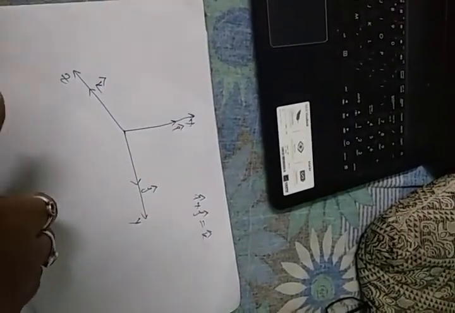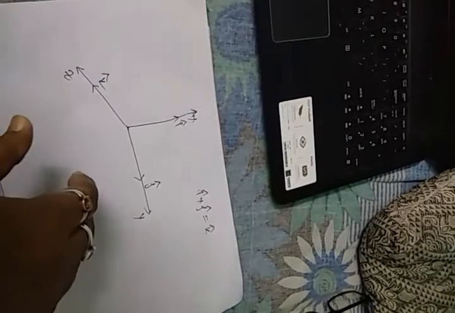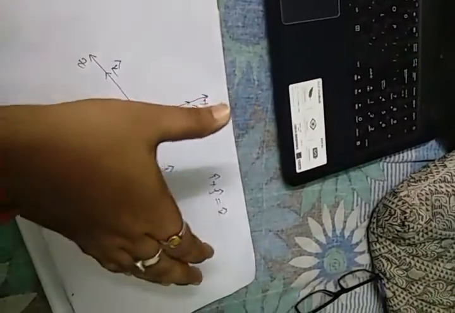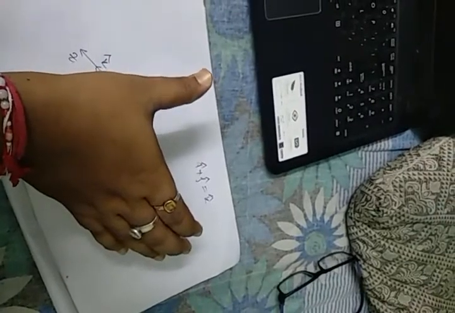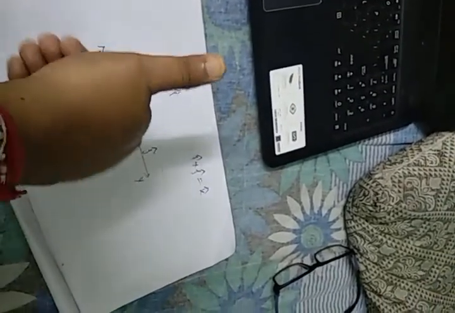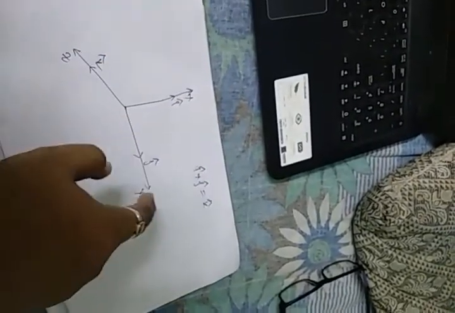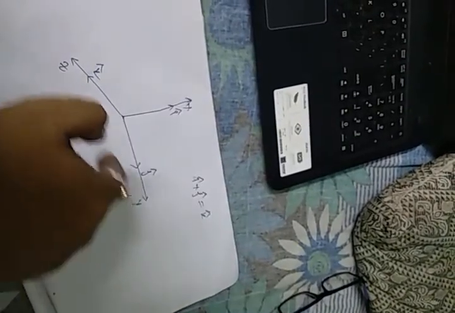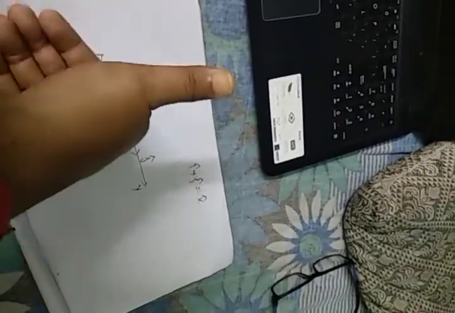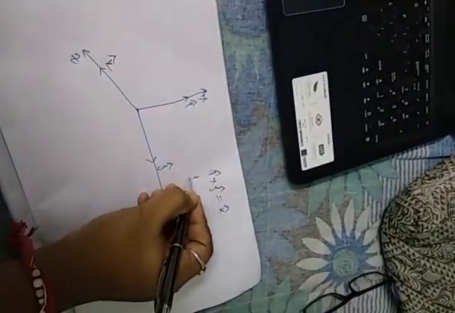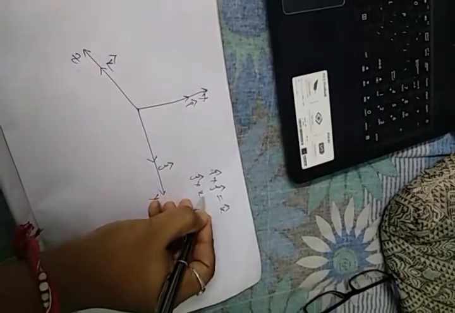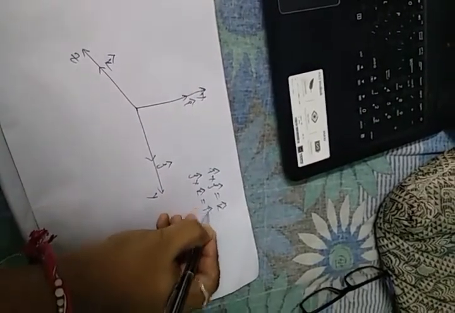Now do the same thing for the next one. In this way I can find j cap cross k cap. That means I am covering the distance from j to k, so the cross product of j cap and k cap is equal to i cap.